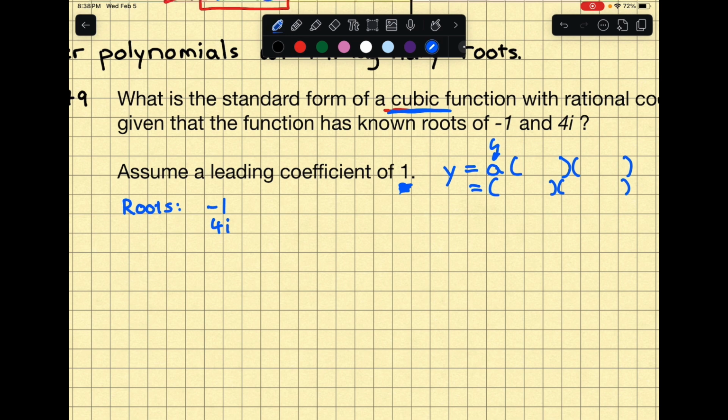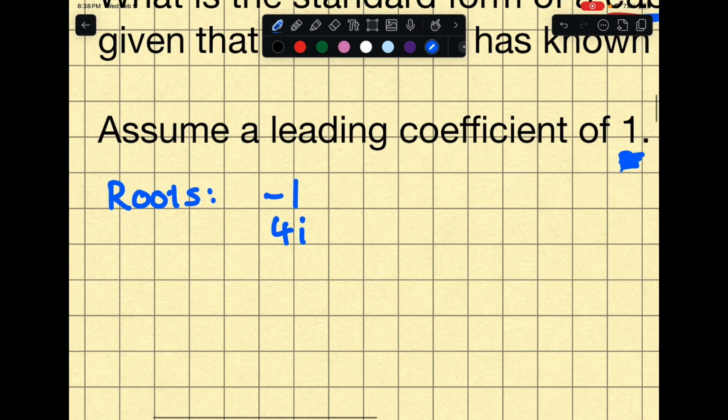Let's switch back to blue here. So we know that 4i is a root, right? So conjugate root theorem applied to imaginary or complex numbers means that -4i is also a root, right? Because if one complex or imaginary number is present, then its conjugate must also be present. That's going to come up a lot with this type of question.